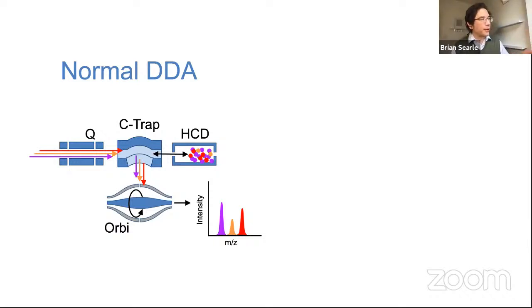In this particular case, we're actually just using the HCD cell to store the peptides. So we can accumulate, in a QE, up to about 1e6, 1 million ions that we can actually analyze at a given time in a given scan.